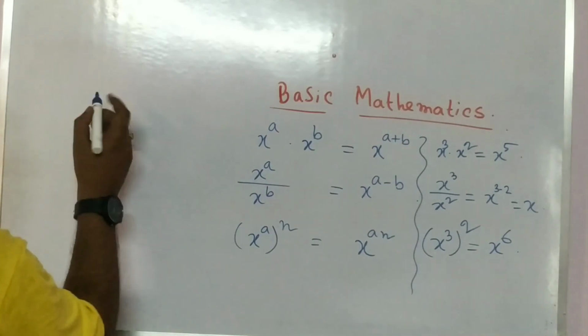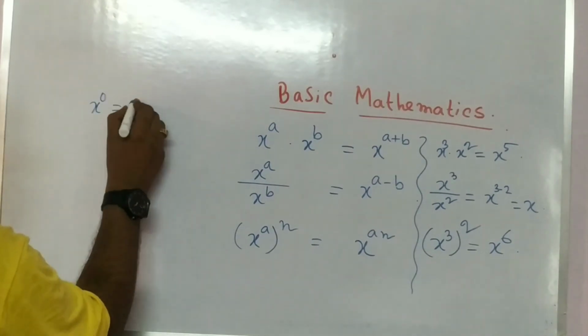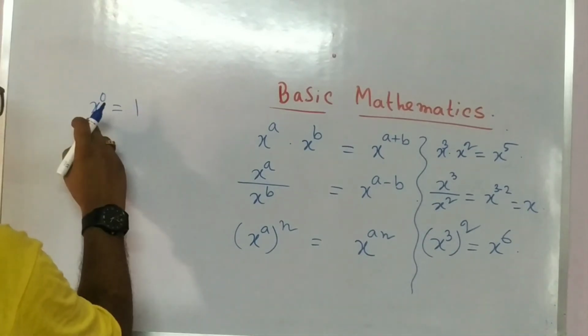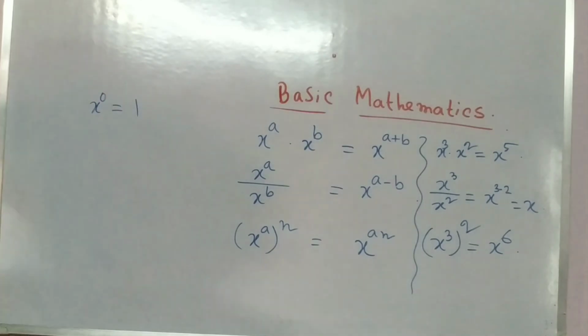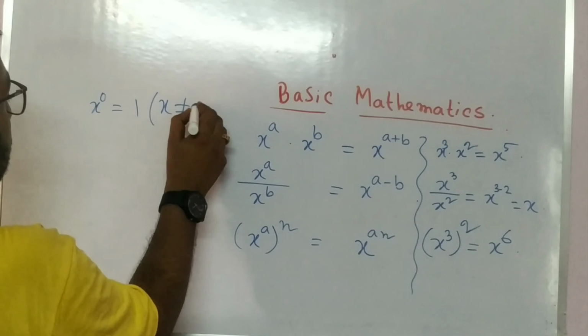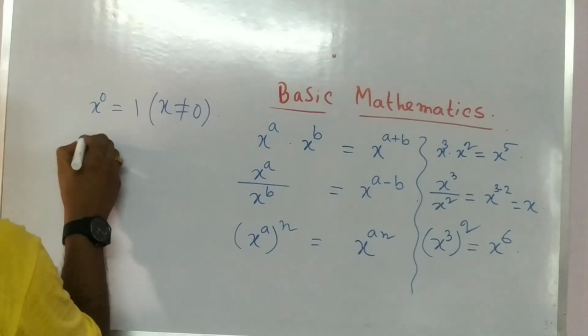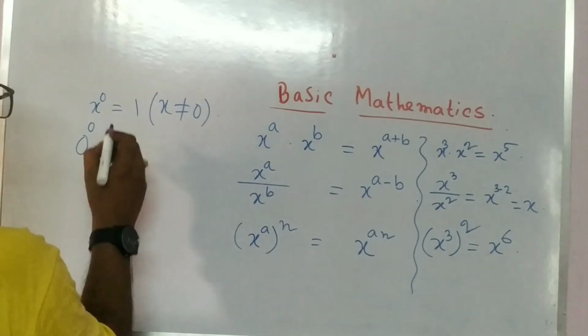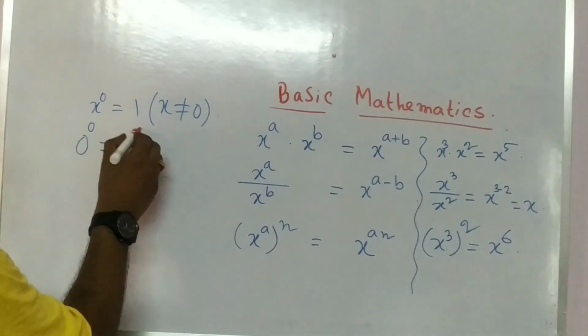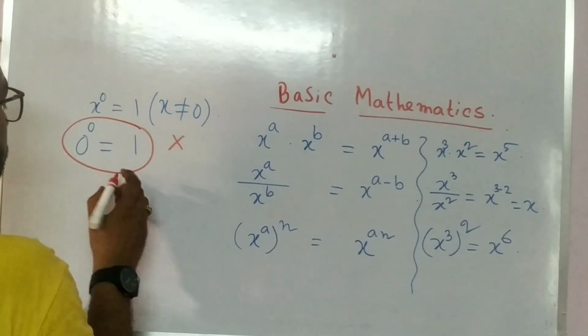Now see, x to the power 0 equal to 1 here. Is it okay? No, this is not okay. X to the power 0 equal to 1, but in one condition: x not equal to 0. If you put 0 here, you can't say that is 1. 0 to the power 0 is not 1, it is undefined.